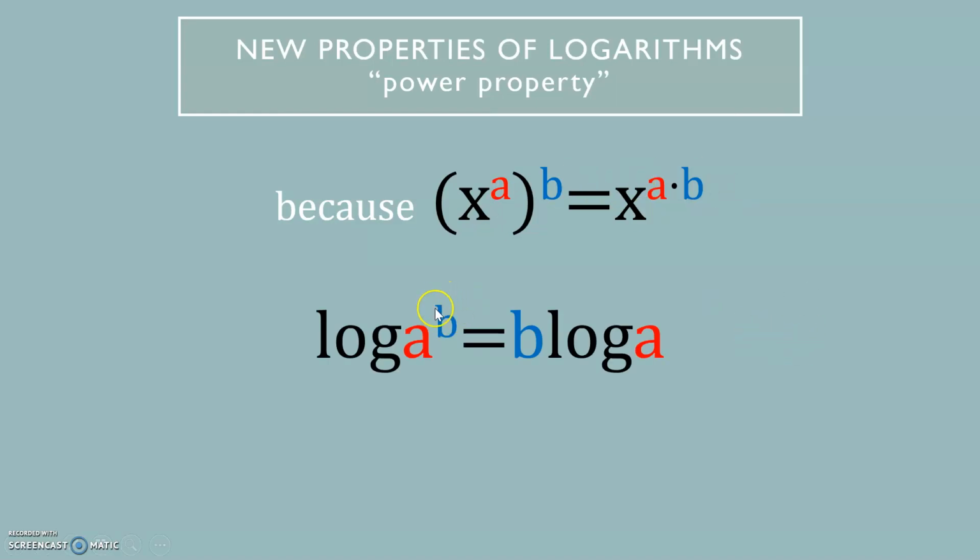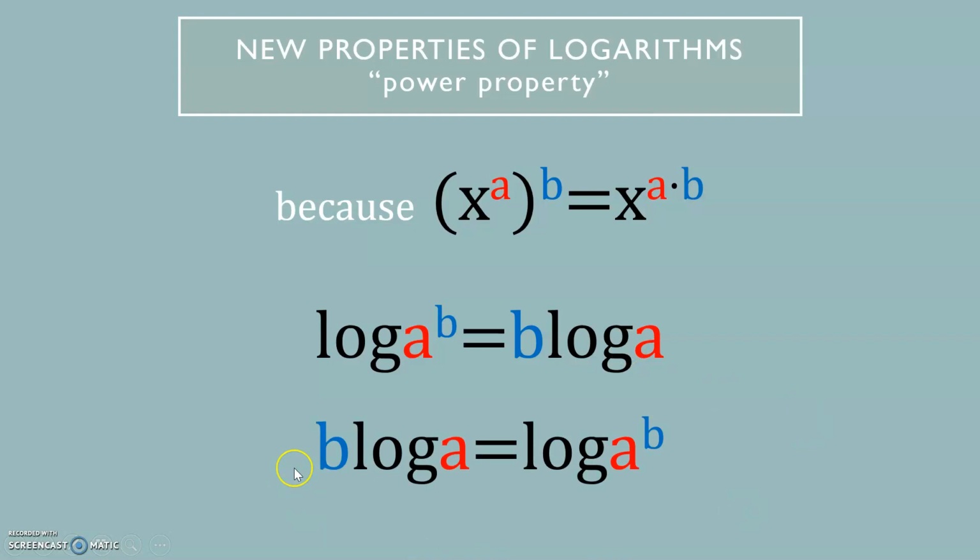If I have an exponential exponent and a logarithmic, which is a type of exponent, we can take this exponent in the argument and write it as a coefficient of the logarithm because it's also an exponent. So we're multiplying exponents. We can also do that backwards. If we have a coefficient on a logarithm, it can be rewritten as an exponent in the argument.